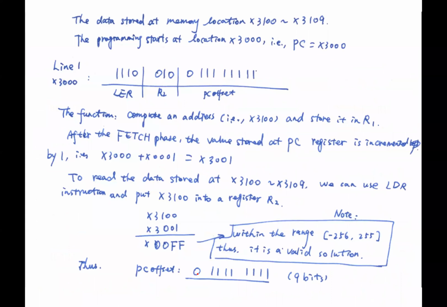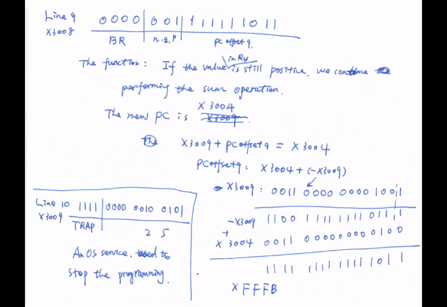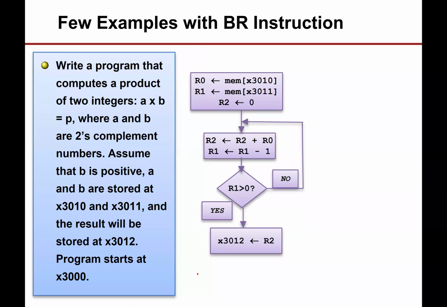So let's go to, I have these here, and you can go over. The third one is to compute the product of two integers, A multiplied by B, and the result is P. A and B are two's complement numbers.